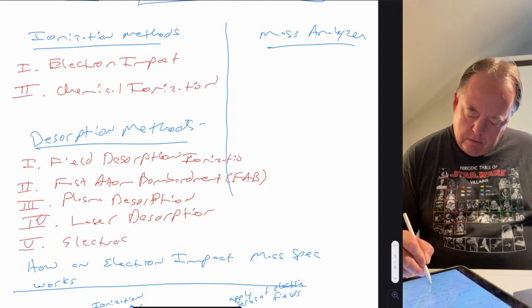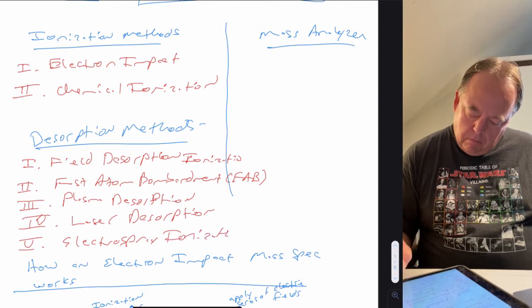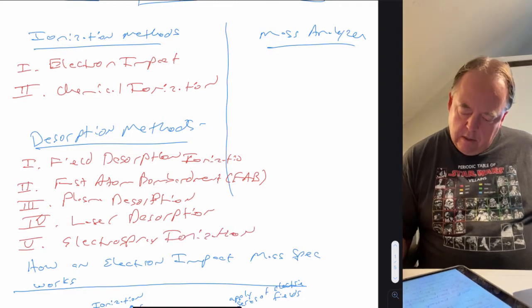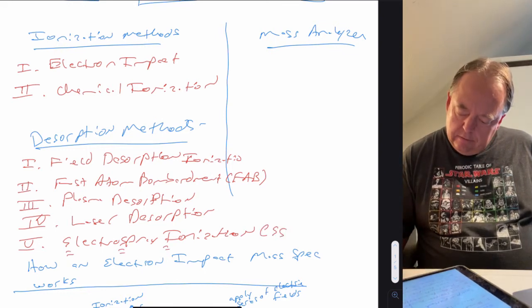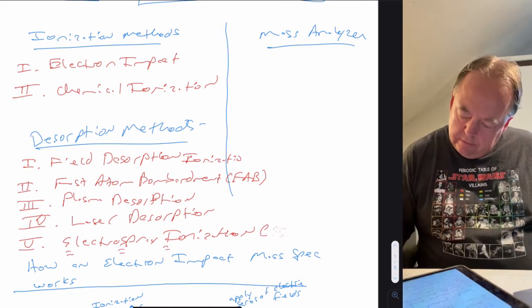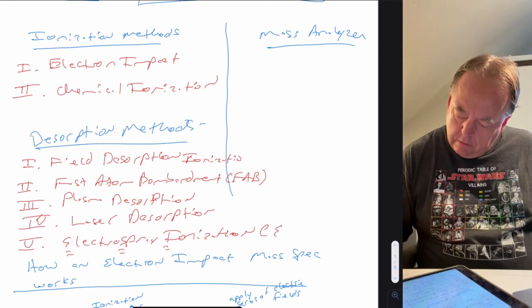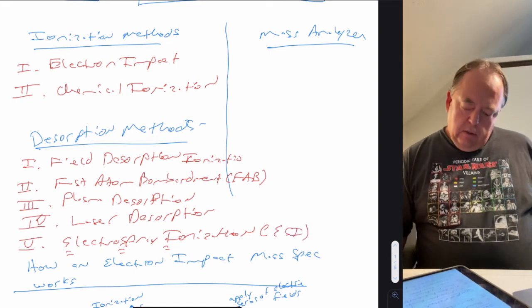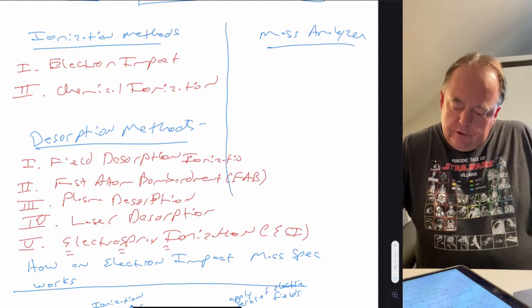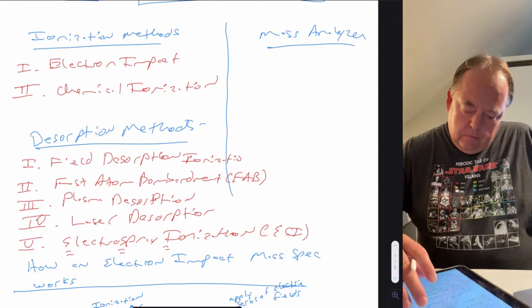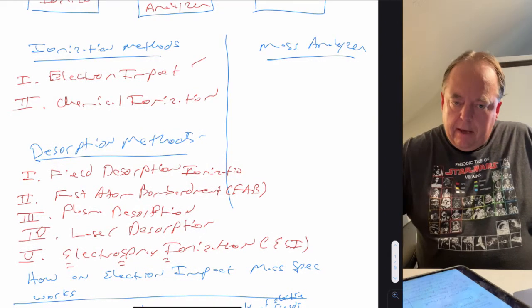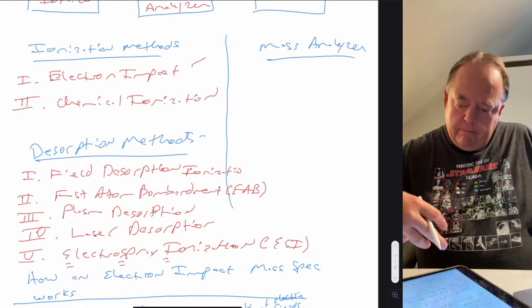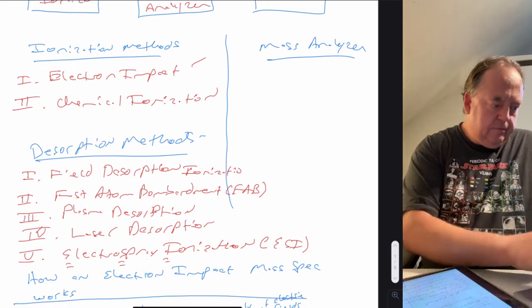Electrospray, so ESI. A&M Commerce has an electrospray instrument, and we also have the electron impact, and we're going to talk about the electron impact in more detail in just a minute.